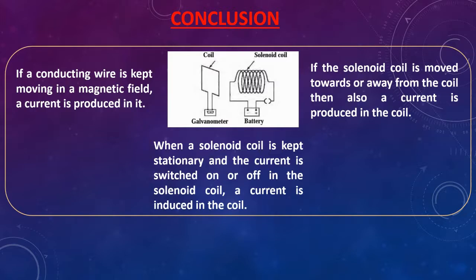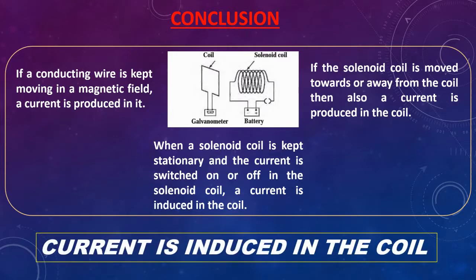So from these three experiments, it is concluded that when something is done to this solenoid coil, a current is induced in the coil which is placed just adjacent to it, and the indication of the current is shown by the galvanometer. So this is the conclusion from the experiments which we have studied in the previous slides.